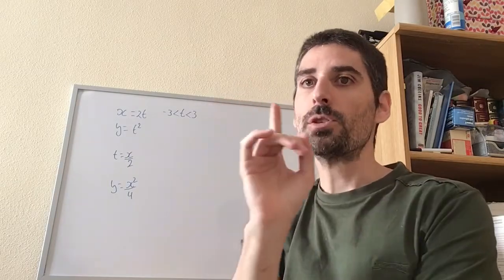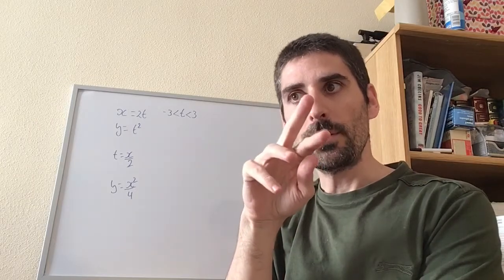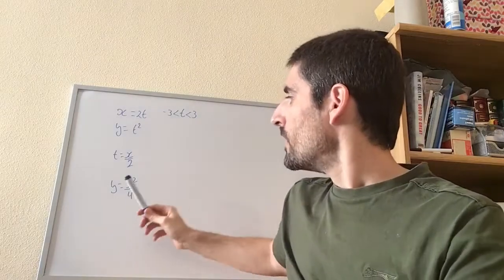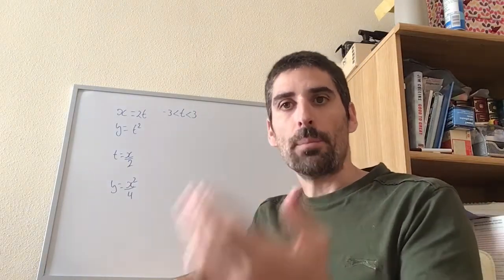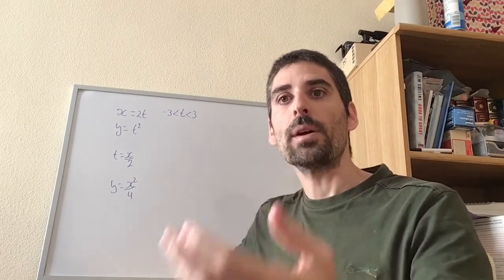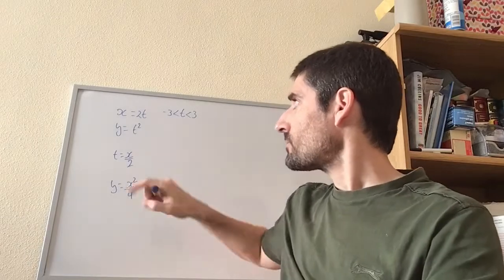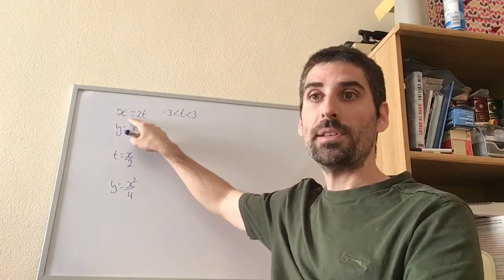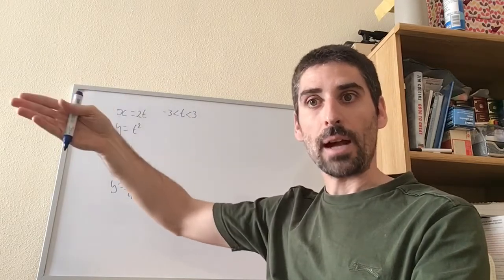Now points to note. I'm doing it the other way around from the book because it makes more sense to me. I'm going to try to link the domain and range of the parametric equations with the domain and range of the Cartesian equation. Remember, the range is the values you get out.